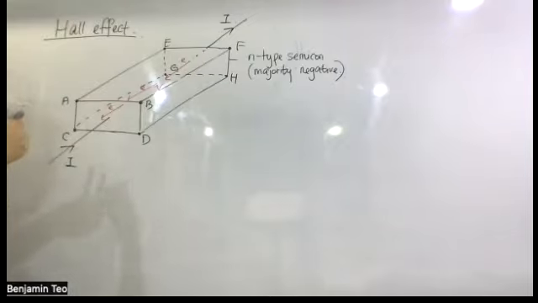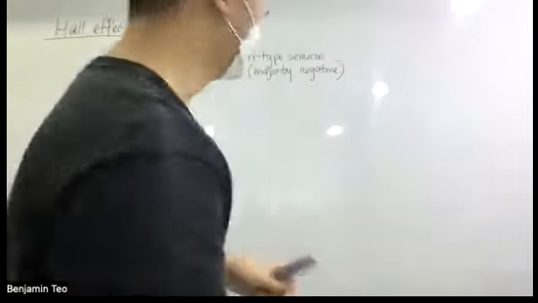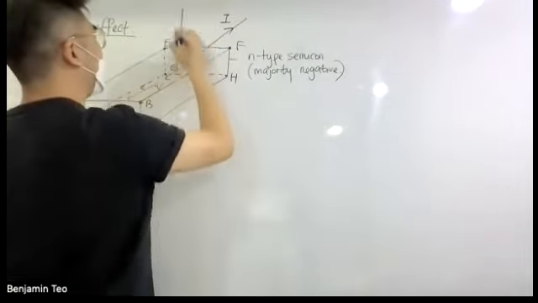Now, I place this in a magnetic field. So I take these lines, I connect to the wire already, and then I place it in a magnetic field. How do I place it? I place it normal to the magnetic field. So the magnetic field comes in this direction.